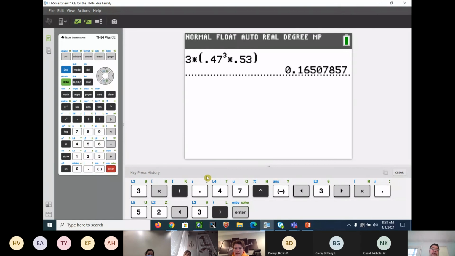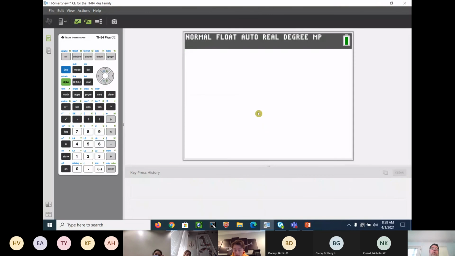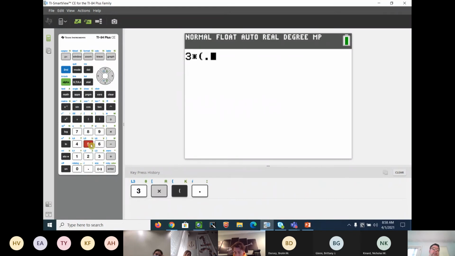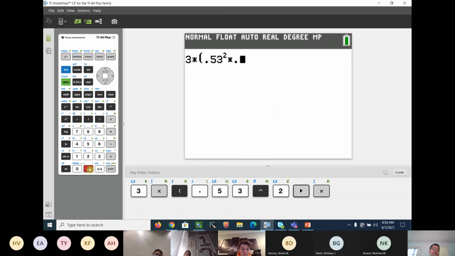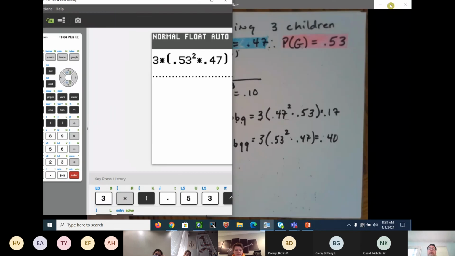So that's going to be 3 times, parentheses, 0.53 raised to the 2nd power times 0.47. And that's going to come out to be 0.40. There's where I'm at right there.